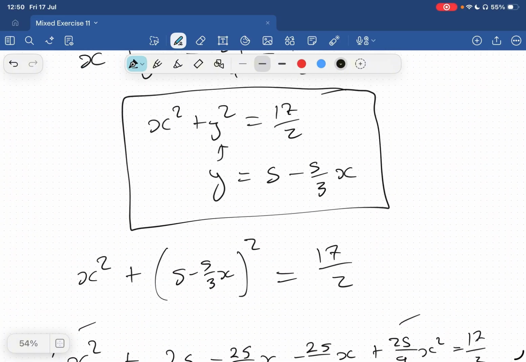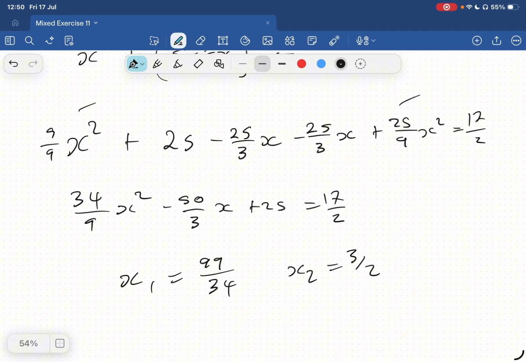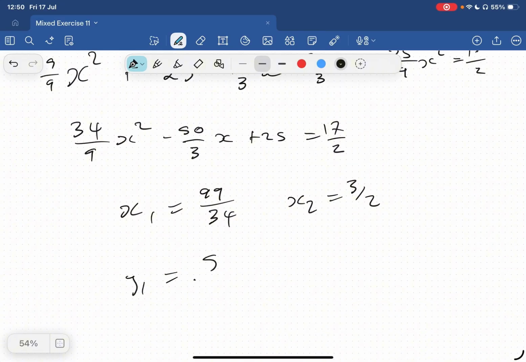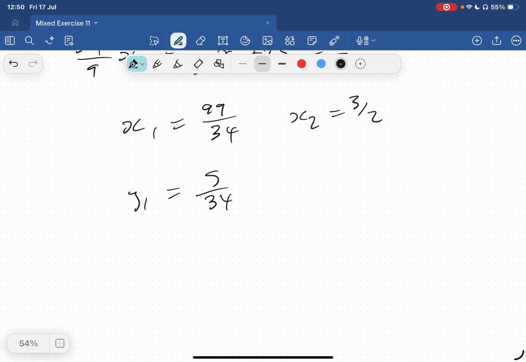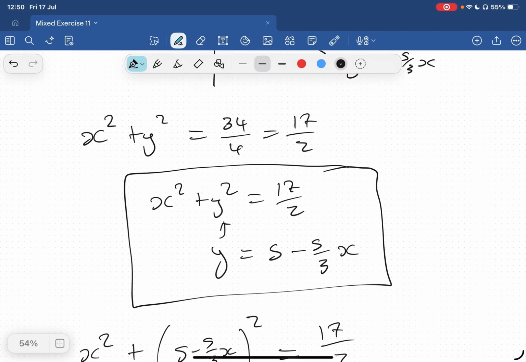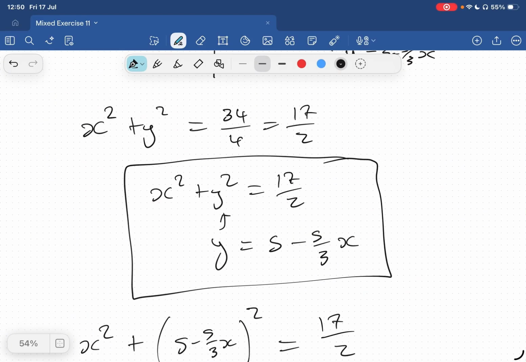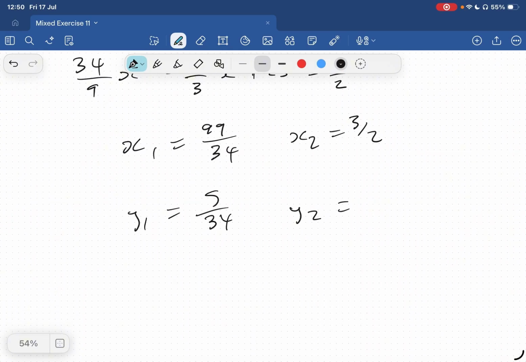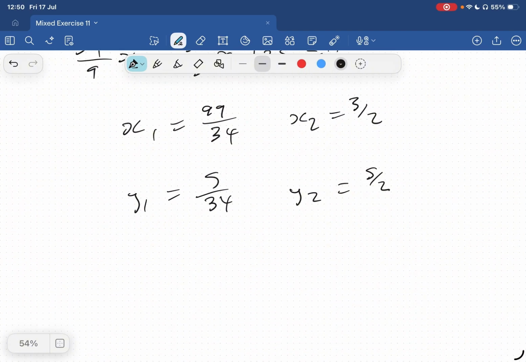Using x1, we have 5 take away 5 over 3 lots of 99 over 34, which gives us y1 equals 5 over 34. Then y2 is going to equal 5 take away 5 over 3 lots of 3 over 2, which equals 5 over 2. And that there is our final answer.